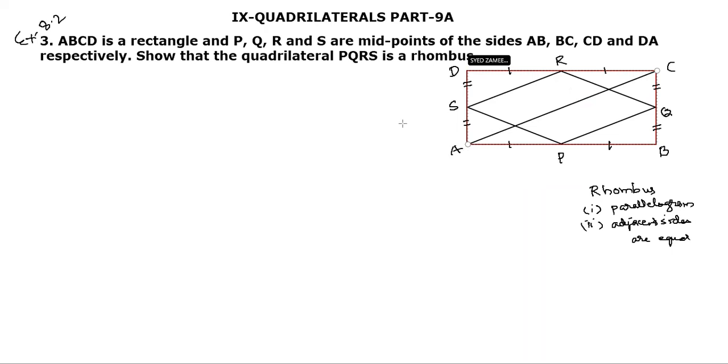And I told you that in this whole exercise we are using the midpoint theorem and the converse of the midpoint theorem. So now we will see the triangle ABC.